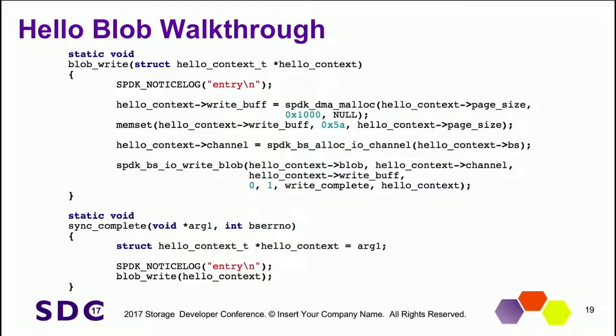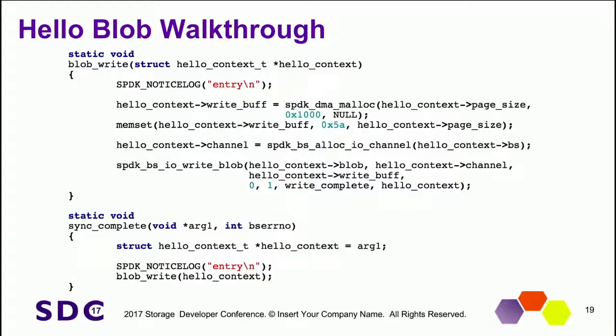I'm just using the size of a page here for the size of my buffer. You can make it any increment of pages as you want, and this is an alignment requirement for the second parameter. And now I'm just going to set that memory up with a known pattern, something kind of brain dead, so we can make sure that when we read it back, we don't get something different.